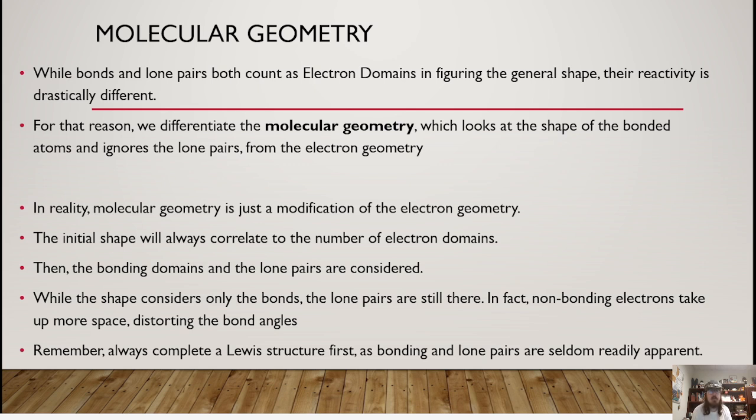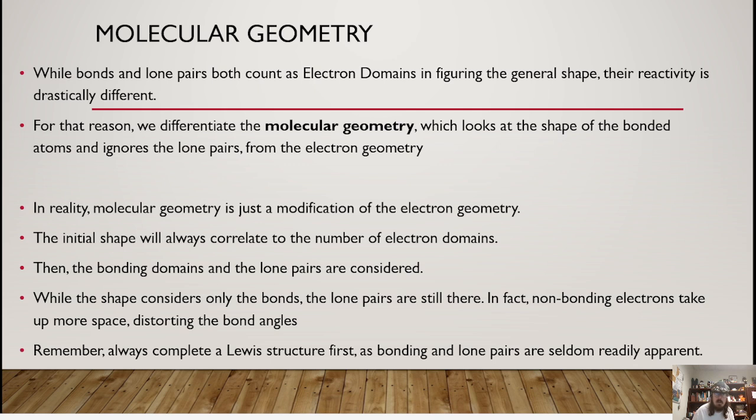So for that reason, we will look at another way of determining the shape, which we are going to call the molecular geometry. The molecular geometry looks at the shape of the bonded atoms and ignores the lone pairs. They're still there, they're still active, but we're looking at the shape created by the nuclei, not the lone pairs.